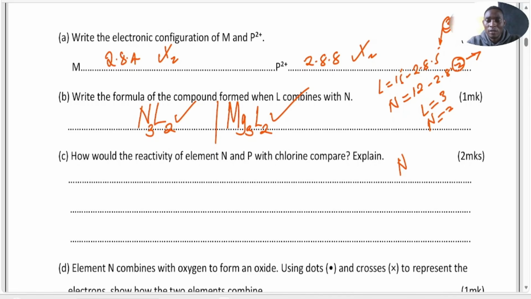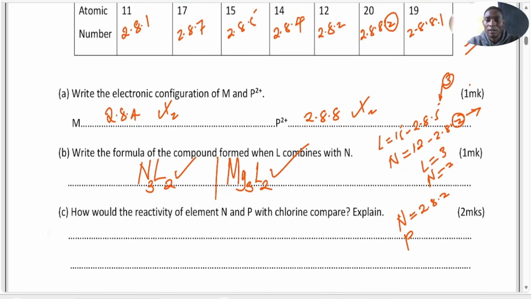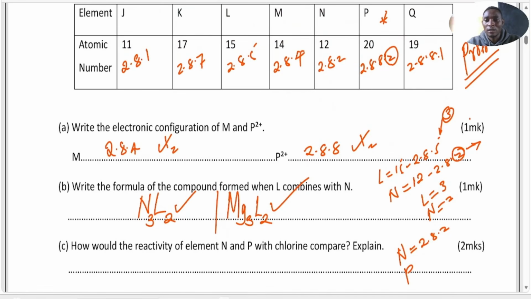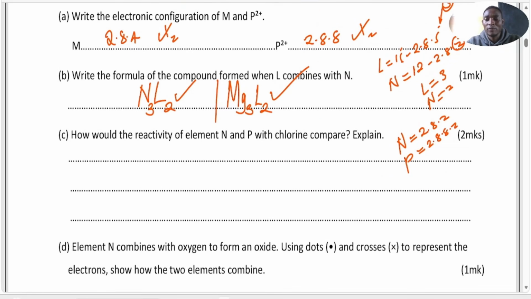N, as we have just seen, has an electron configuration of 2, 8, 2, and then we have P. P, we saw, is 2, 8, 8, 2. These are elements in the same group, and as we know, these are examples of alkaline earth metals that react by losing 2 electrons in their outermost energy level.